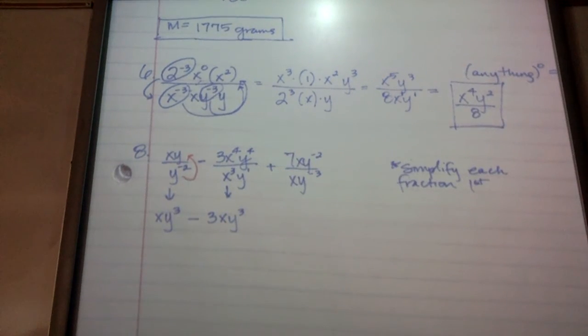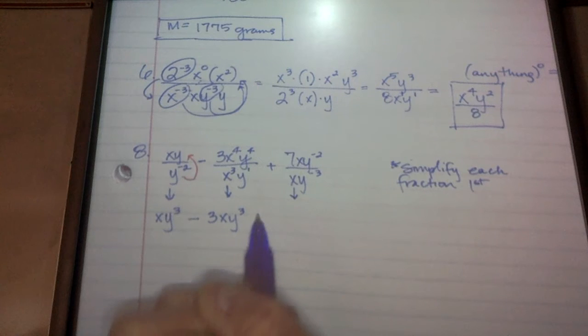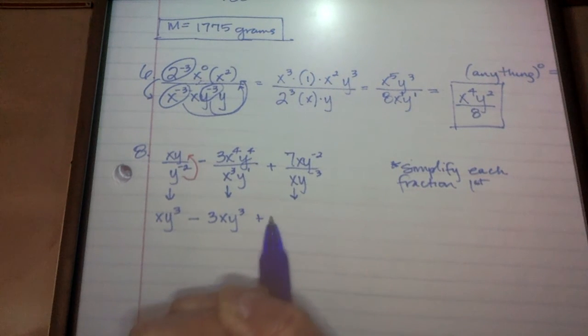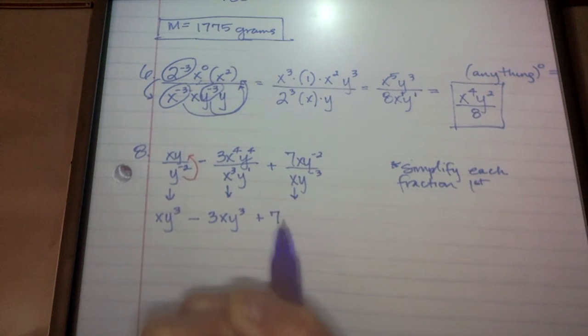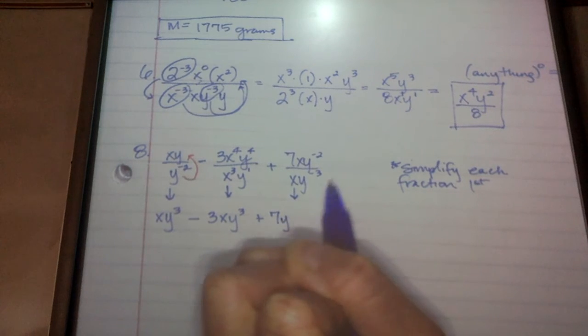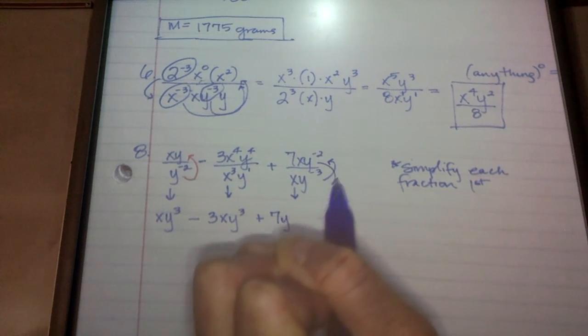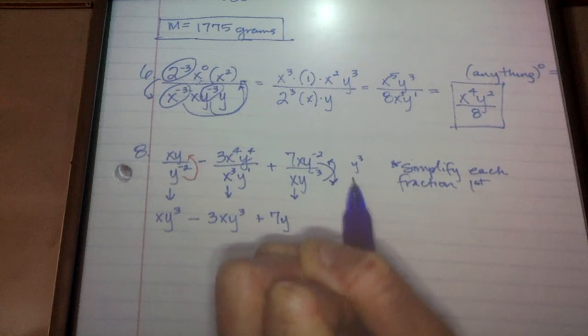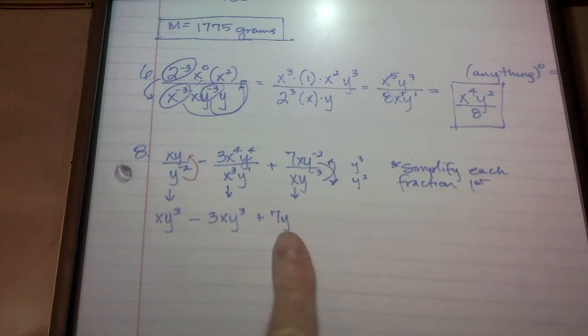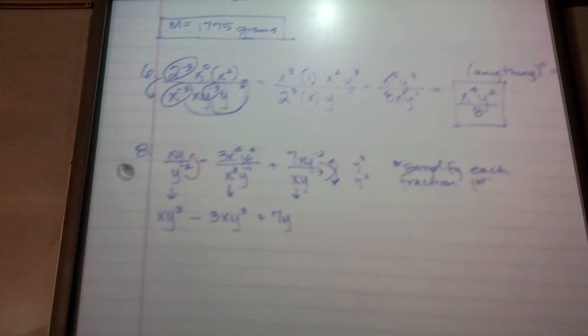Then I'm going to simplify this last one. The x's cancel, and I'm going to switch the y's, leaving me with y. Because this would move to the top, this would move to the bottom, so I'd have y to the third over y squared, and I would end up with 7y. Now, from here, if it was possible, I would combine like terms, and in this case, I actually do have some.